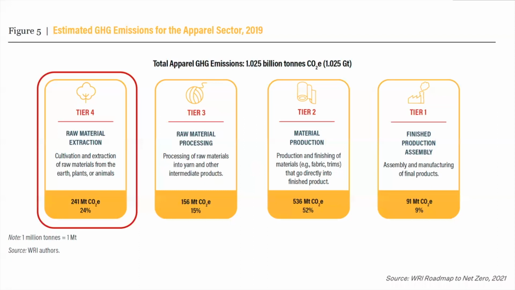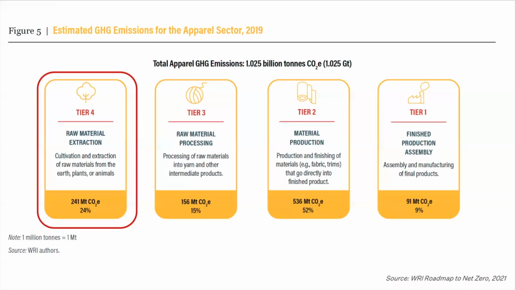And then tier 3 and tier 2 are really the bulk of the facility level impacts, I would say, from an environmental perspective. So initial raw material processing, for example, taking that raw cotton and processing it into a yarn that can then be spun into a fabric, is what we consider tier 3 of the supply chain.